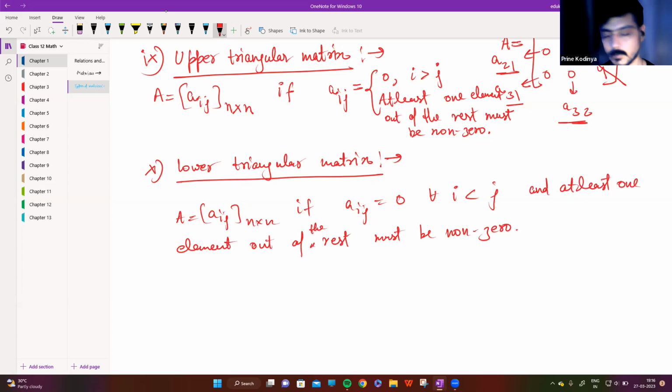In all these cases, we can call the matrix a lower triangular matrix.